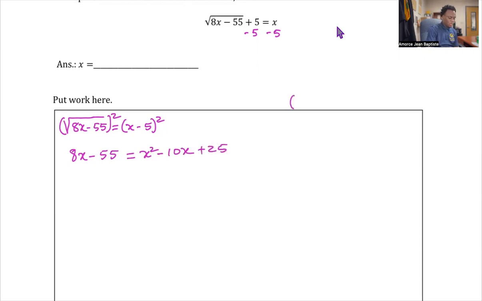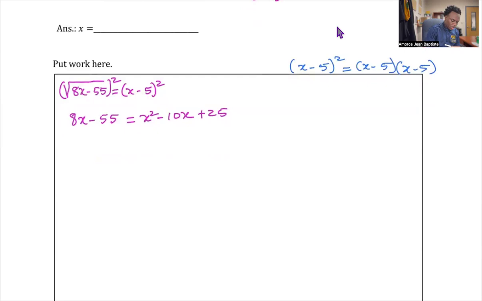Obviously, you see that we do x minus 5 squared equals x minus 5 times x minus 5, and we FOIL. So now we're going to put it in standard form so we can solve the quadratic equation. So we can subtract 8x on both sides and add 55.